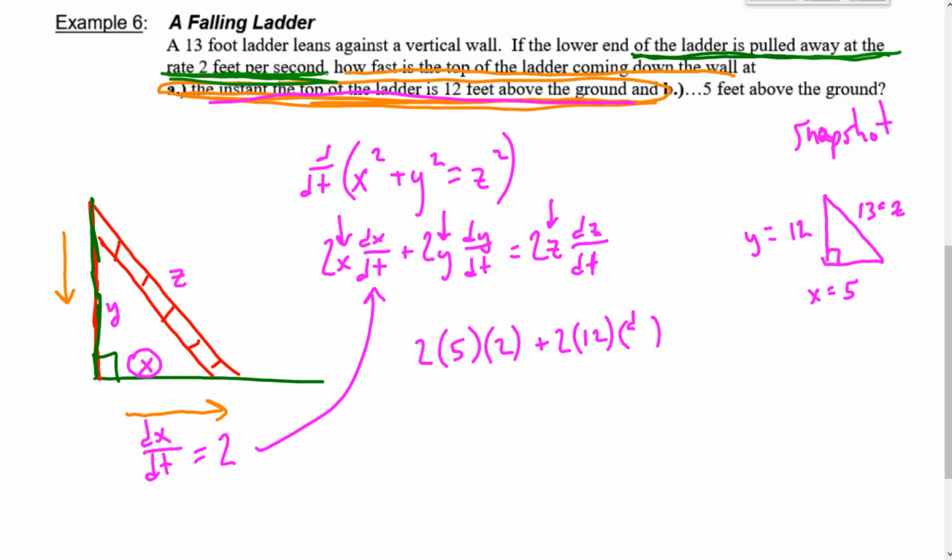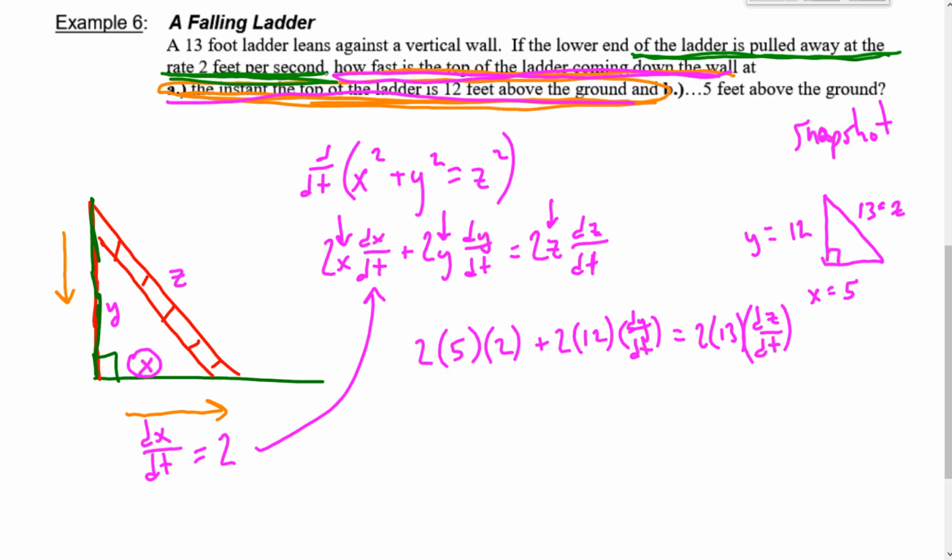How fast is the top of the ladder coming down the wall? So dy/dt equals 2 times 13 times dz/dt. Well, if I take a look at our related rate equation, we still have 2 unknowns, and we can't solve a single equation with 2 unknowns.